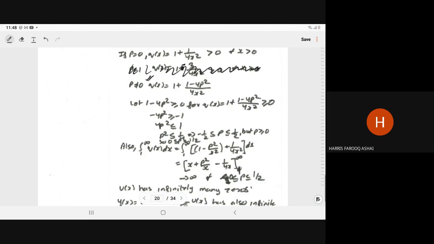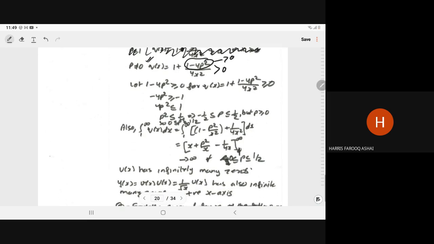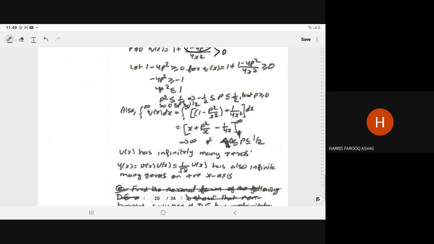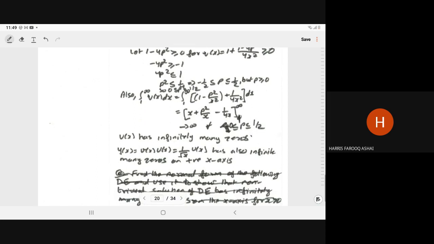So let 1 minus 4p square be greater than or equal to 0. Actually we want this to be positive. So 1 minus 4p square greater than or equal to 0 gives minus 4p square greater than or equal to minus 1, or 4p square less than or equal to 1, and p square less than or equal to 1 by 4, or we can say p lies between minus half to half.